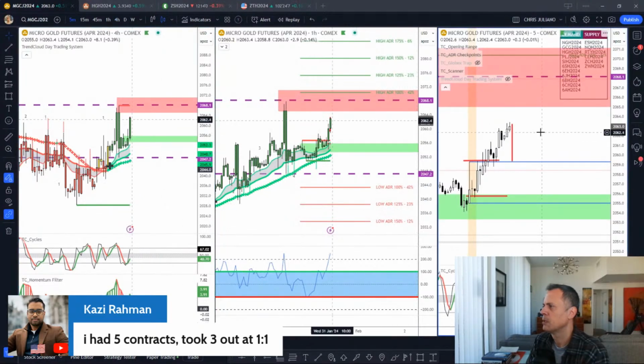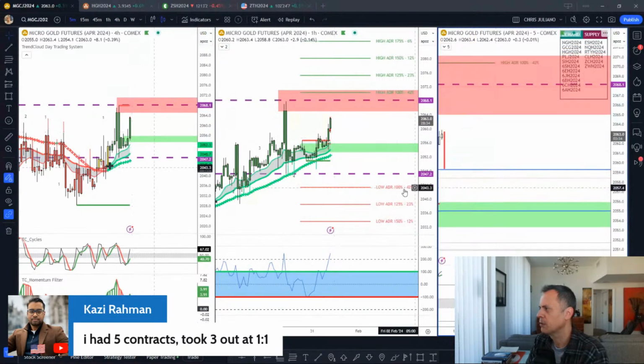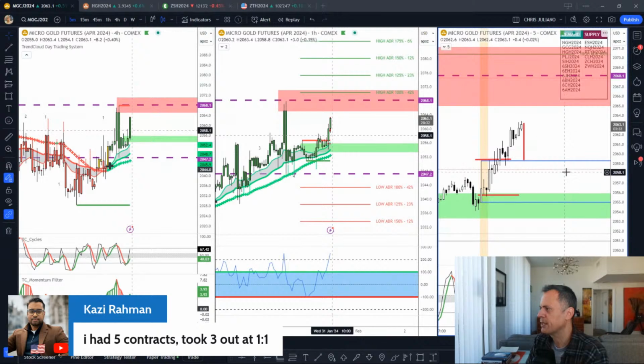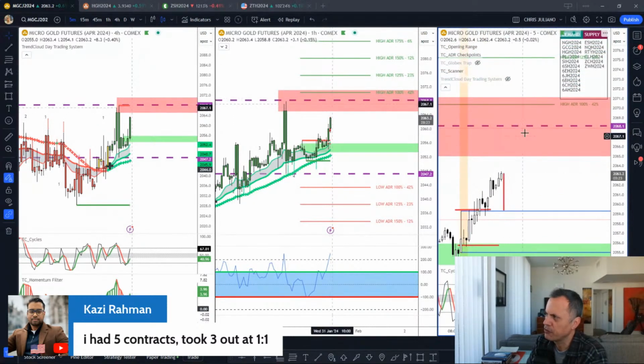Okay, so we'll see. So we could get a pullback, another pullback, right? Maybe it wants to pull back into this area here, but we are getting close to that. We still have a good distance from here all the way up to here.